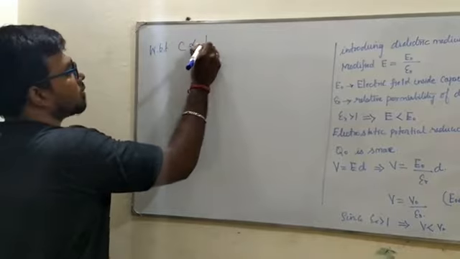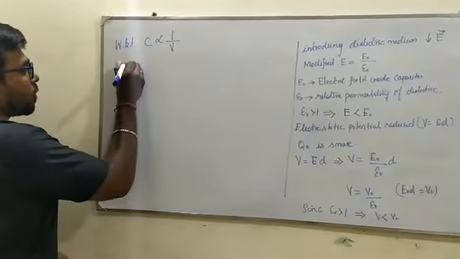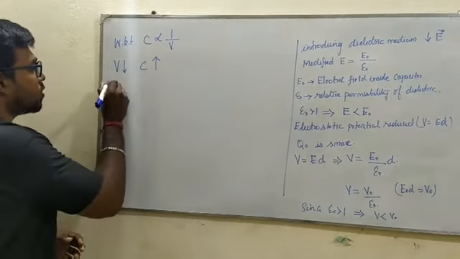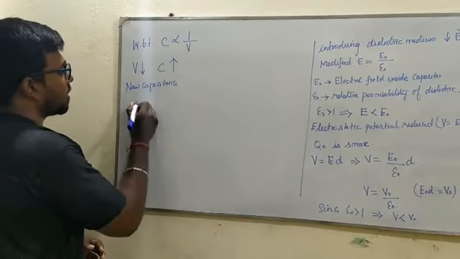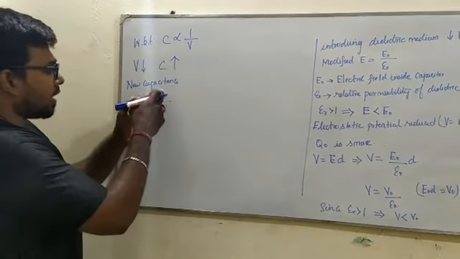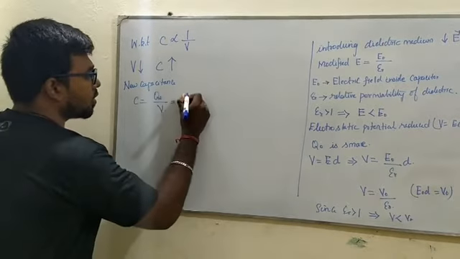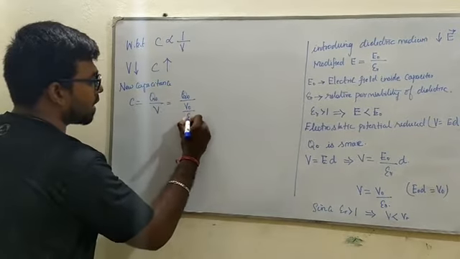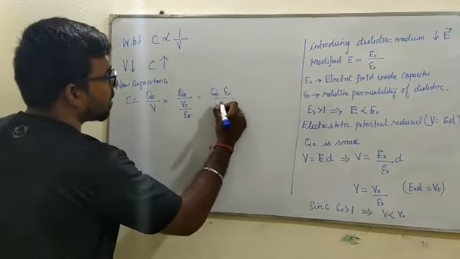The capacitance is inversely proportional to the potential difference. So as the potential difference decreases, the capacitance increases. So the new capacitance, that is C equal to Q naught by V. As said earlier, while disconnecting the battery, the charge stored is the same. So this is equal to Q naught by V naught by epsilon r, which is Q naught epsilon r by V naught.